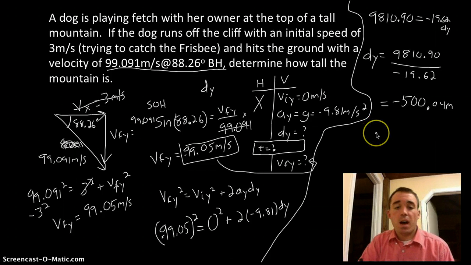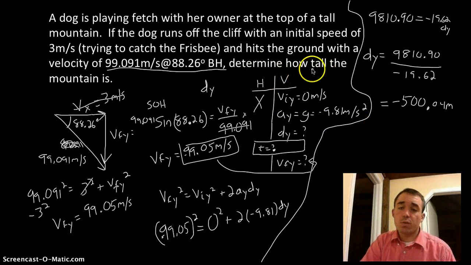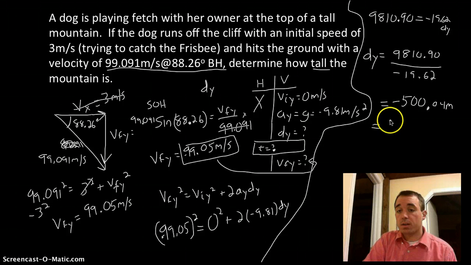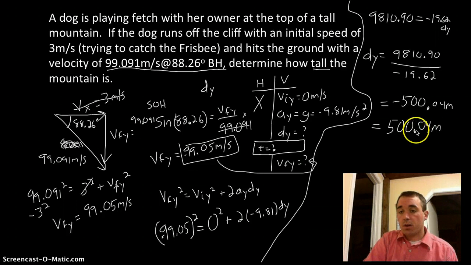You really could end there. The question is asking how tall is the mountain. Since you're saying how tall, that should really be a positive number. So you just take the absolute value, 500.04, and we could call it there, but really, to me, both are totally fine.